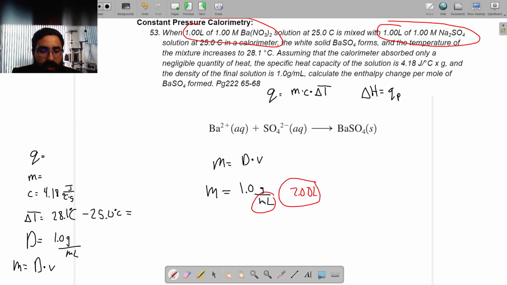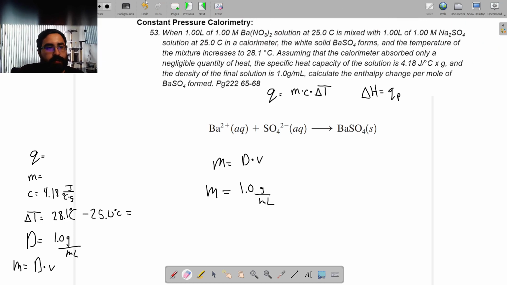But the liters and the milliliters do not cancel. So what we should do first is make sure we have the appropriate units. So what we can do is turn 2.0 liters into milliliters. That's the same thing as 2,000 milliliters.